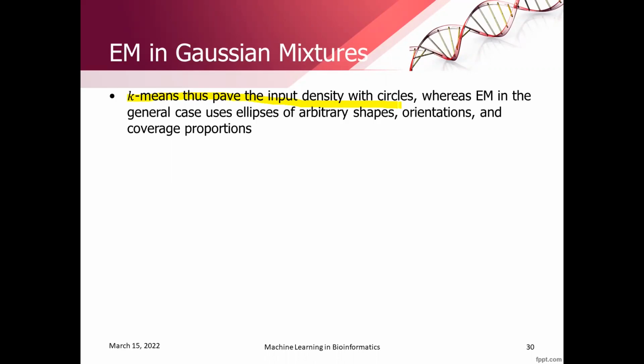In fuzzy c-means, we assume that the clusters are described by Gaussians, and what would be a Gaussian in 2 dimensions? This would be some ellipse, some ellipsoid. So the clusters can be ellipses of different sizes and different orientation. So this is much more general than just circles.